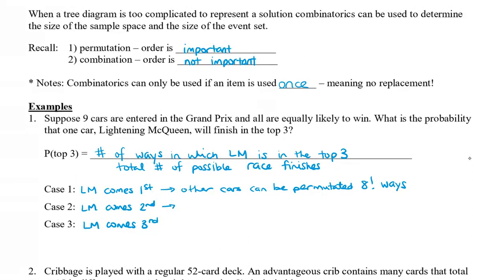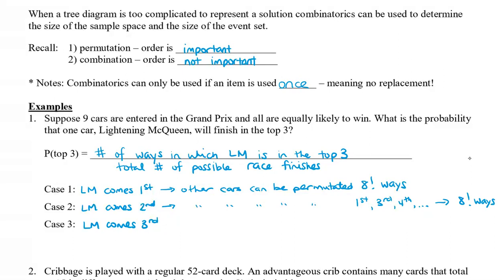If Lightning McQueen comes second, the other cars can be permutated still 8 factorial ways because they are going to be first, not second, but they'll be third, fourth, and so on. So there are still 8 factorial ways.